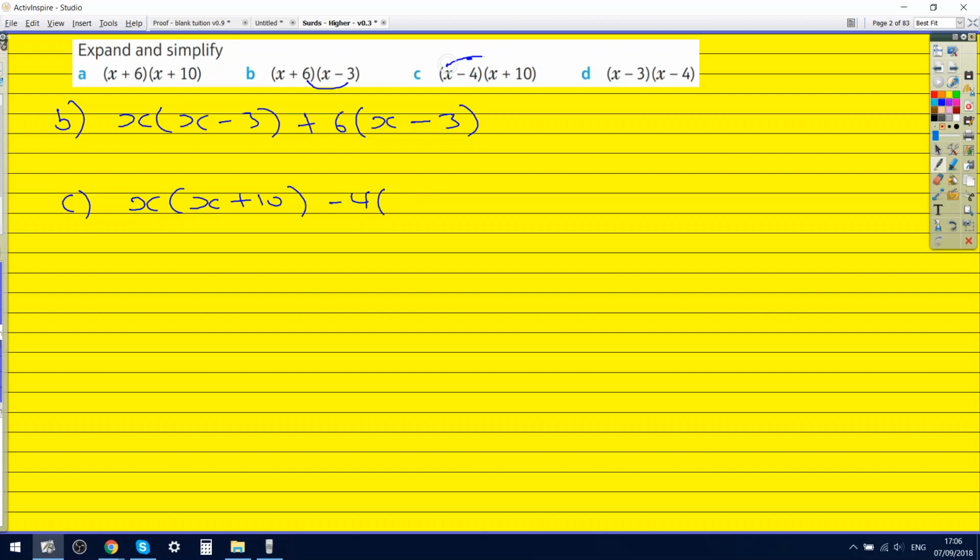First you did x times x plus 10. Second thing you would do? It would be minus 4 times something. Minus 4 times x plus 10. So they're always times the second bracket. First times second bracket, second times second bracket.